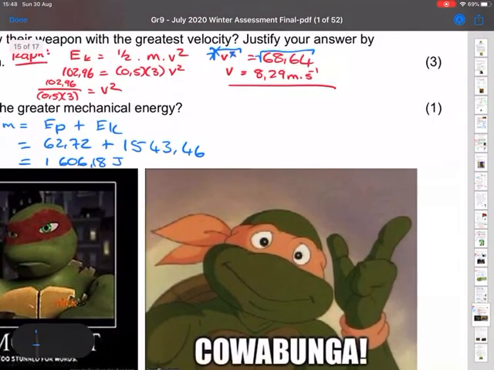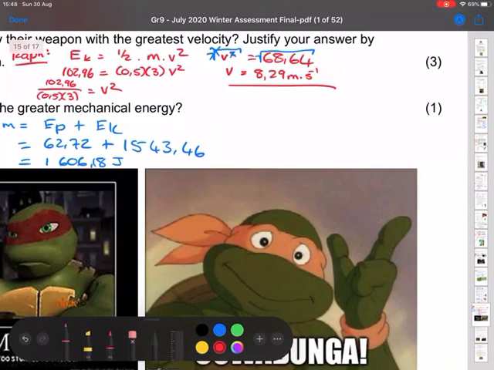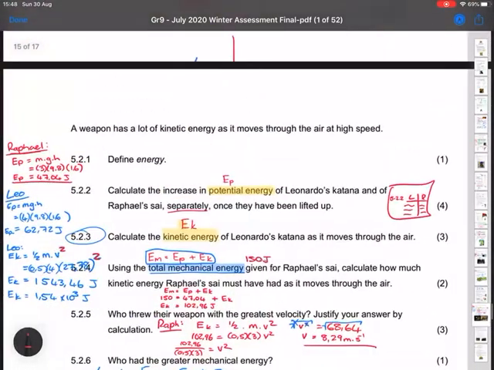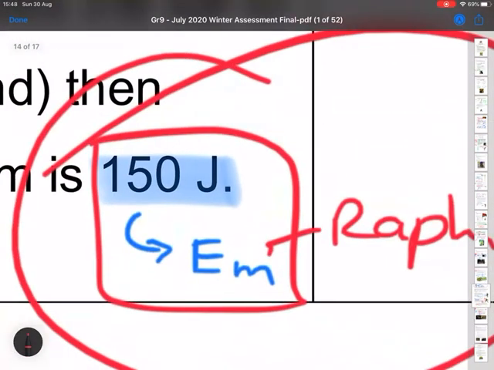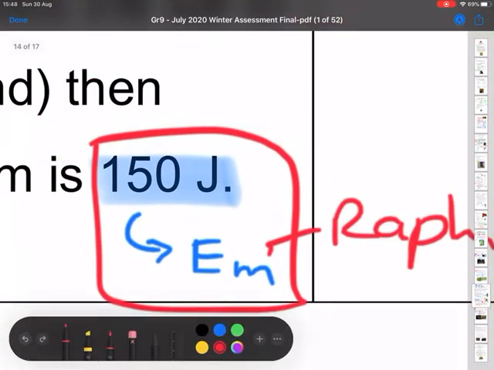Okay, so that was for Leonardo. Let's work out Raphael's. Raphael's, they told us, was 150. There we go. His is 150 joules of mechanical energy.